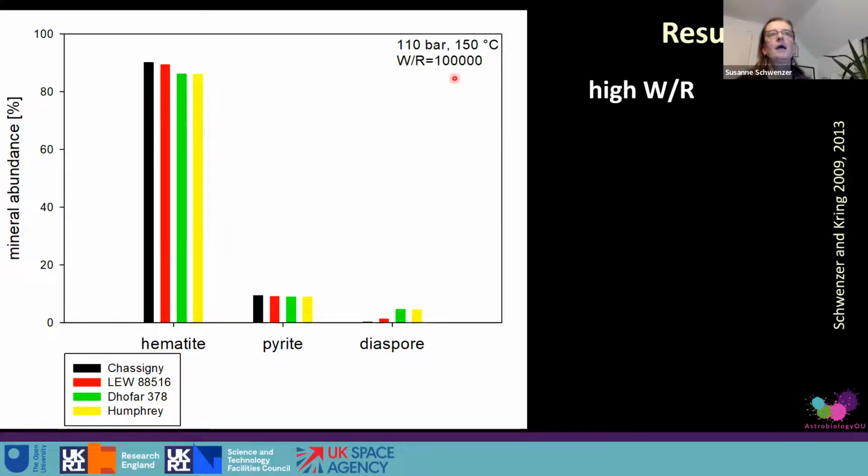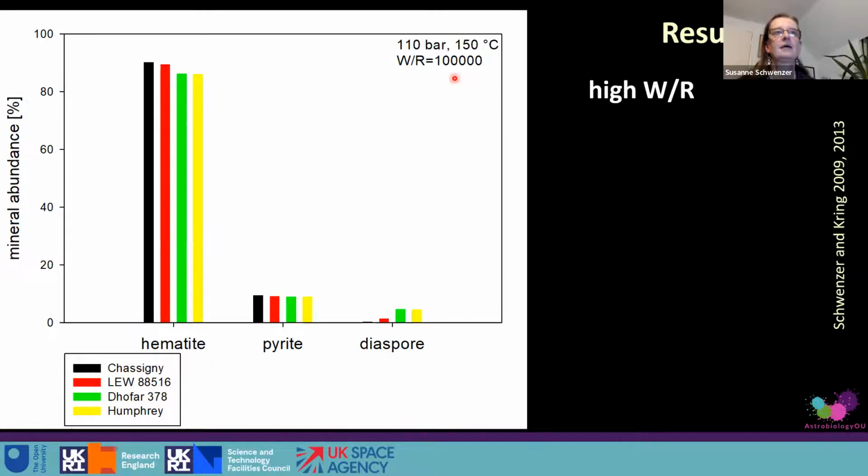So that is something that you would find, say, on the surface of a rock where the rain goes over all the time, on the surface of a fracture where the hydrothermal fluid just goes through all the time. So it is a very, very dilute environment where most of the cations and anions are just transported away.